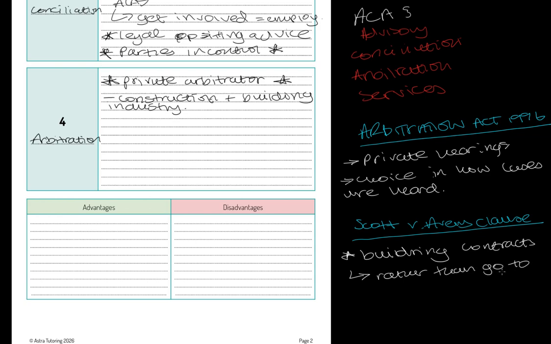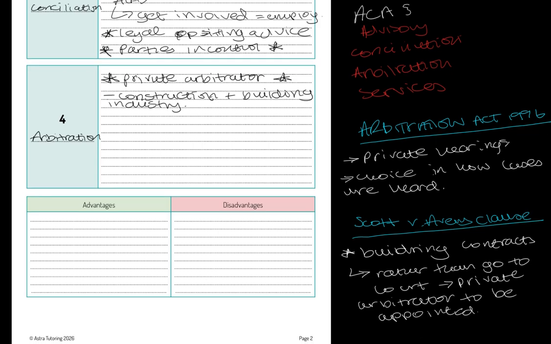rather than go to court, a private arbitrator is to be appointed, to have a look at what the dispute is, to see what they can do. The good thing about the Scott v.